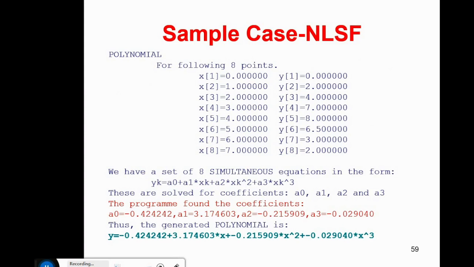You can write them down on a piece of paper with a pencil, and you can consider them for plotting for your experience. And here our program yields value of A0, A1, A2 and A3, so that the generated polynomial equation looks like y equal to A0 plus A1x plus A2x square plus A3x cubed.